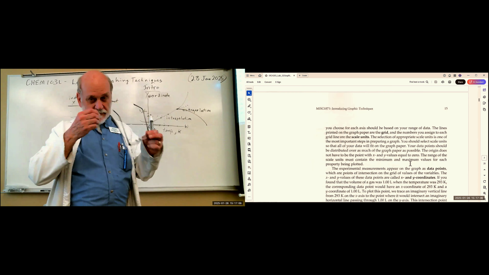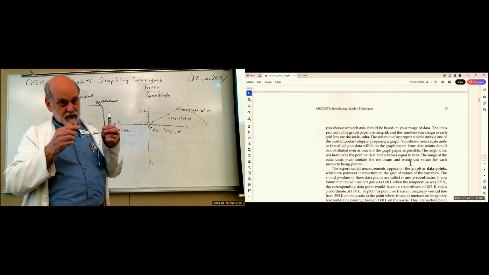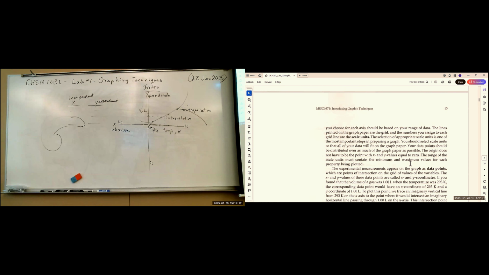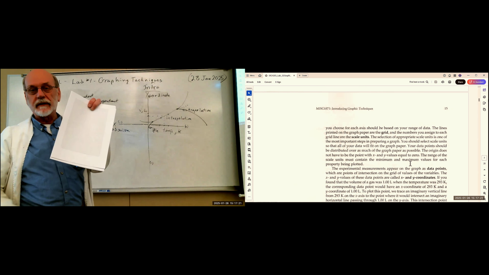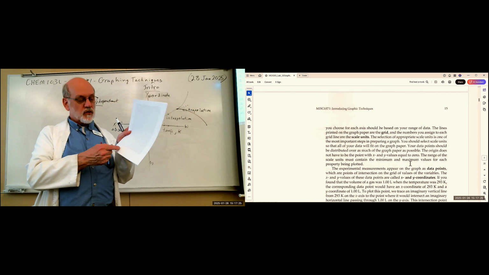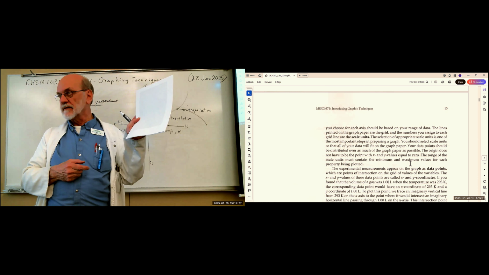So some definitions, right? We have sample, let's see. I got some extras here if you need extra paper. This is the grid. Just the lines drawn on the paper. That's the grid. The scale units are the values that you apply to each one of those grid marks. Right.